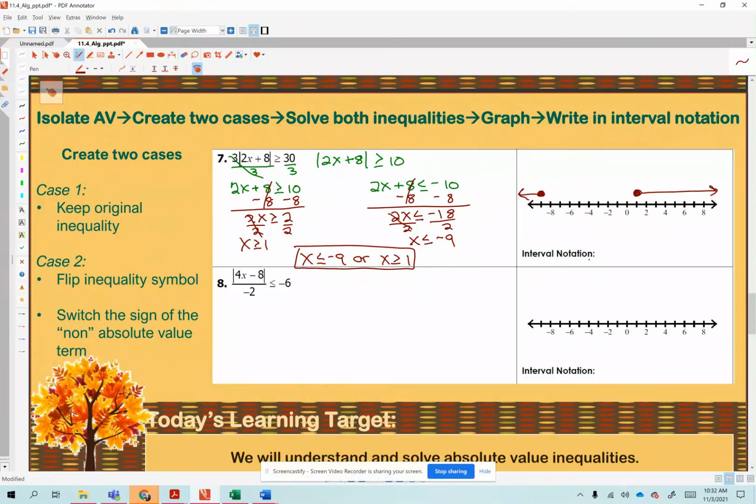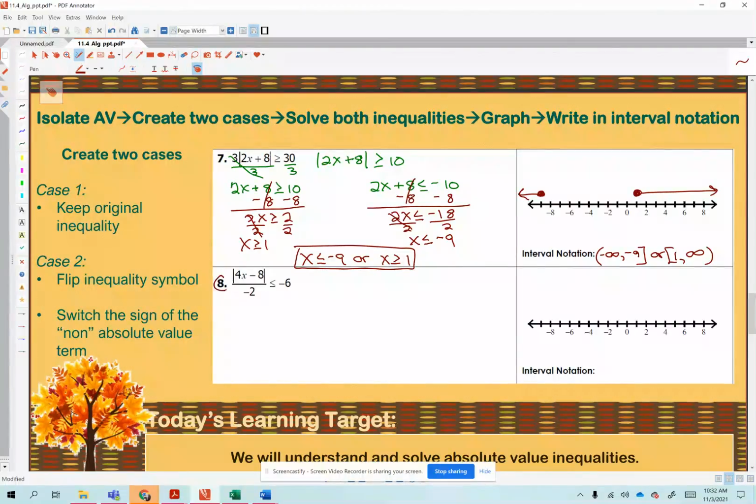And we write in interval notation parentheses, negative infinity, comma, negative 9, or we had the less than or equal to and greater than or equal to, so we need the brackets. And we have 1, comma, infinity. And parentheses always around infinity and negative infinity.